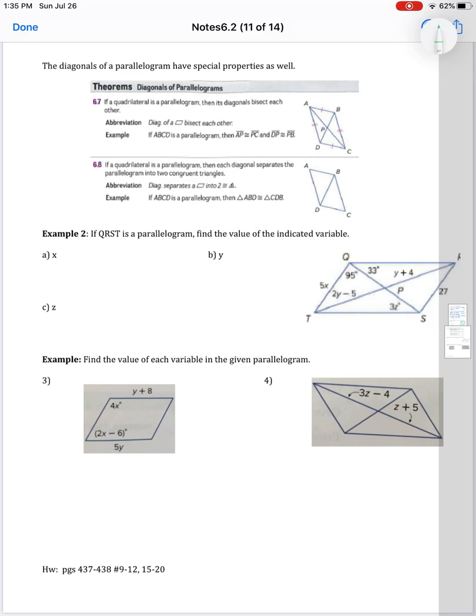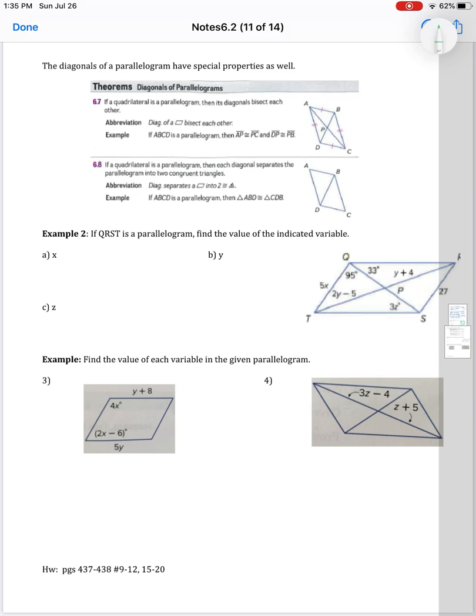Now, if you draw the parallelogram and fill everything in first, then it's just a matter of pulling the information off of the diagram in terms of what's being asked. So it's definitely important, number one, label, and number two, add information and pull it off the diagram in terms of the questions that are being asked of you.